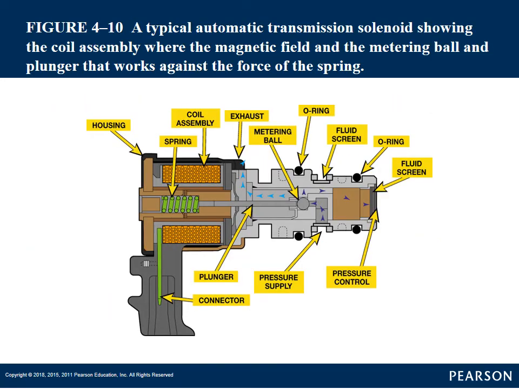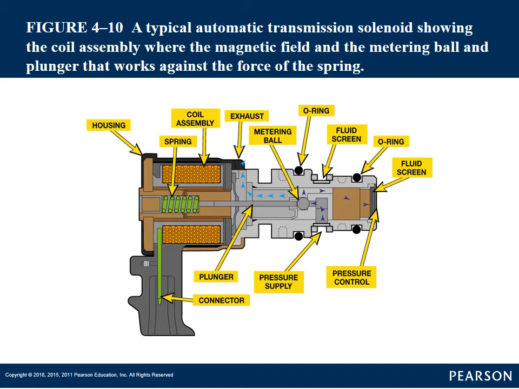Here's a quick breakdown of a solenoid. As you'll see, we have a basic housing that holds the components. We have a spring that is meant to keep the metering valve, that movable core, and they're going to call it different things, a plunger, a ball, a pintle. Remember, this is going to work almost exactly like, say, an injector. So you have a spring holding that movable core in the rest position, whether it's normally open or normally closed.